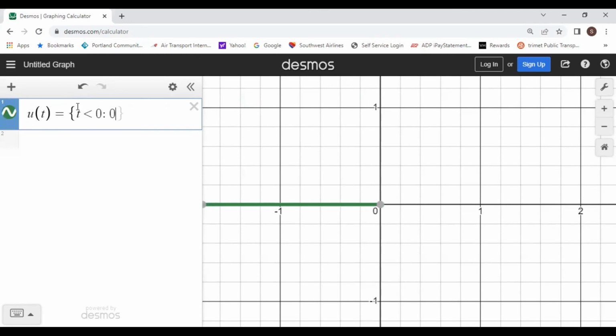So here for the unit step function, we are supposed to have a value of 0 until t equals 0, and then comma, and then you enter in the next formula. So you start with the condition. So t is greater than or equal to. You do greater than, and then literally if you type equal, it changes it into equals 0.